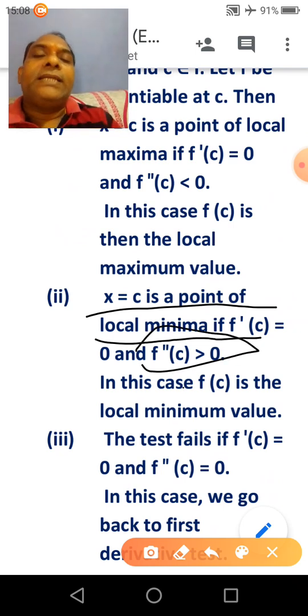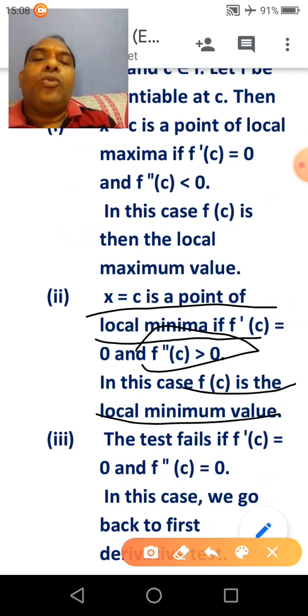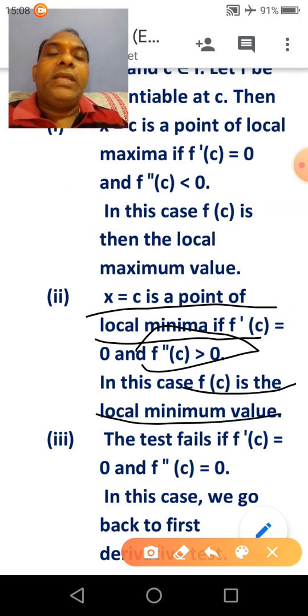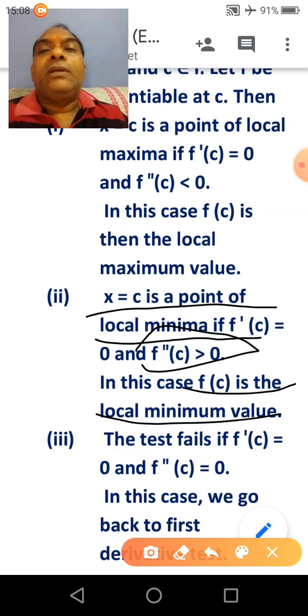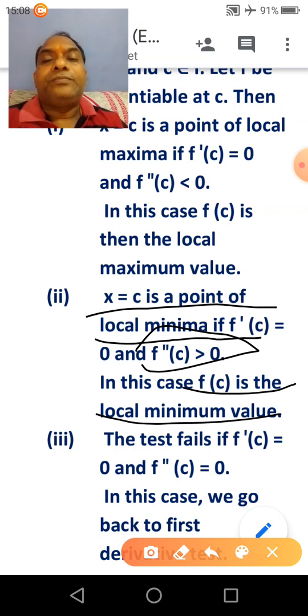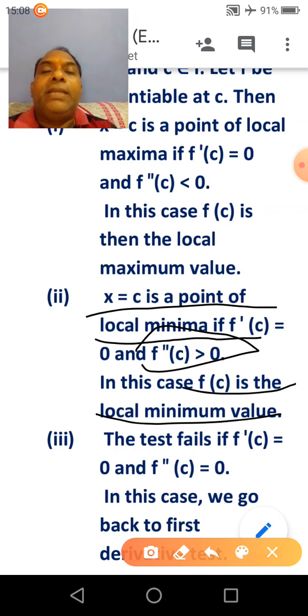In this case f(c) is the local minimum value. Clear? So if f''(c) is greater than 0, meaning positive, then the function will be minimum at that point and f(c) will be the local minimum value.